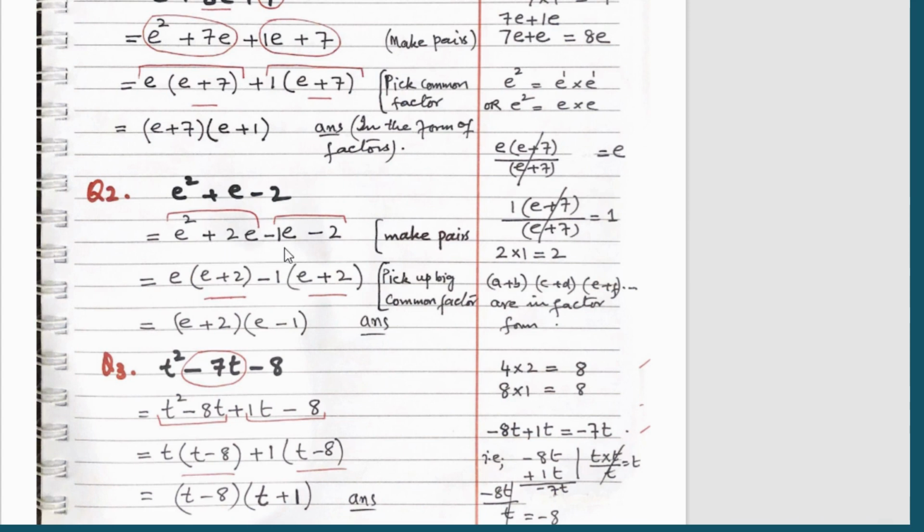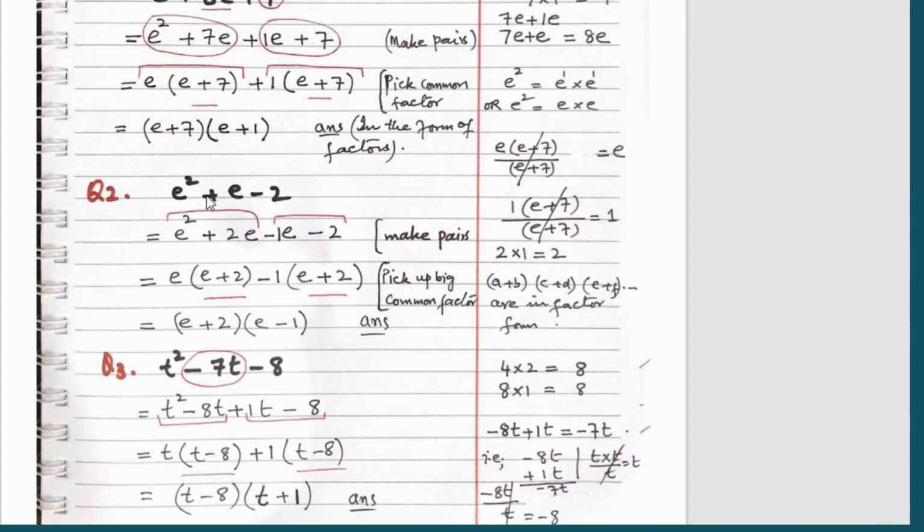Whenever you write this breakdown of the middle term, or this combination of the middle term's components, you will first of all see whether we are getting the term back or not.